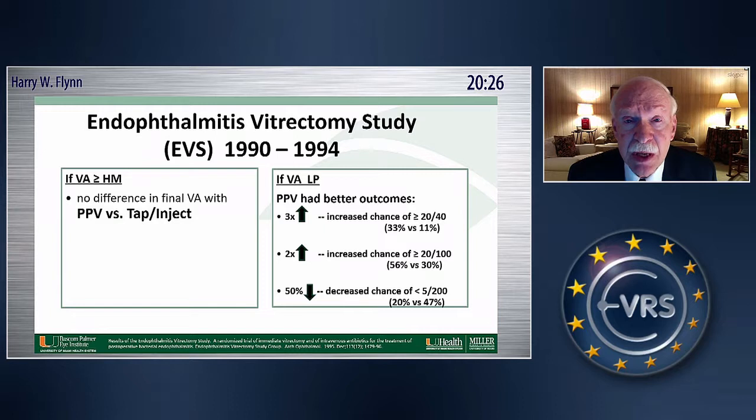However, if patients had light perception visual acuity at the initial presentation, vitrectomy had much better outcomes: three times greater chance of a better outcome, two times greater chance of 20/100 or better, and a 50% reduction in the rate of less than 5/200 visual acuity.